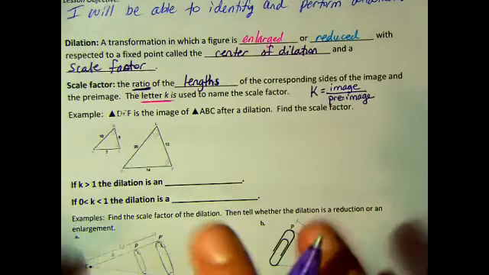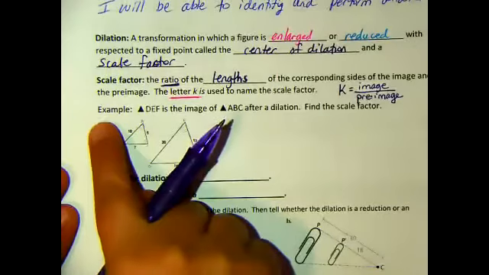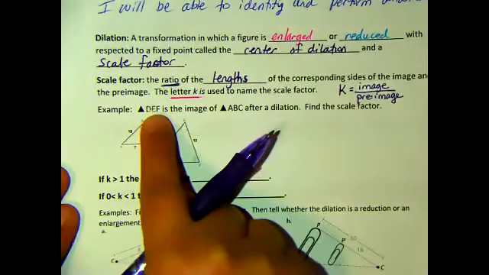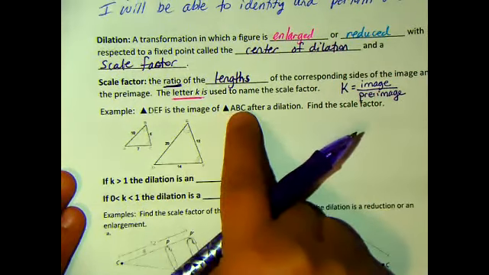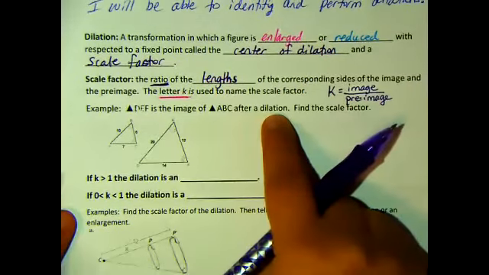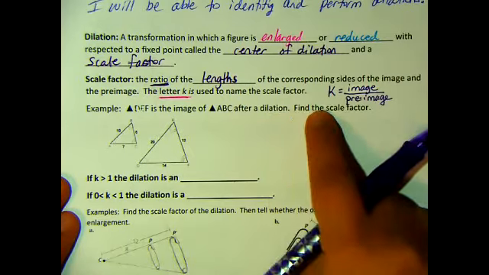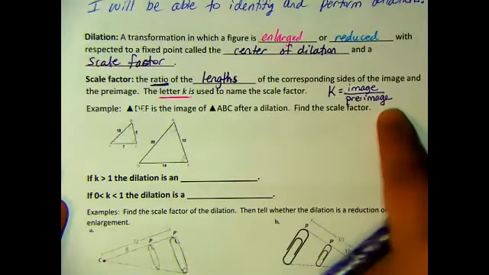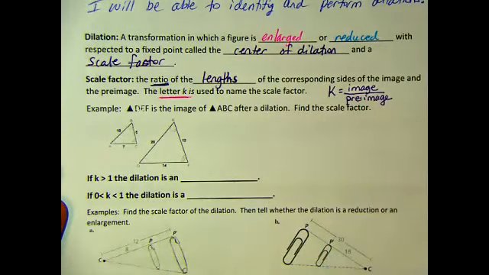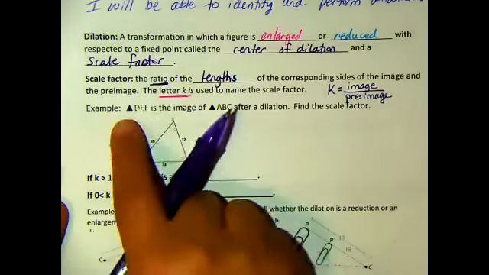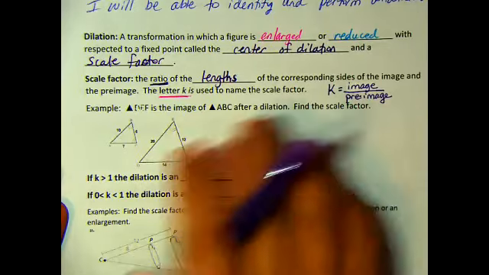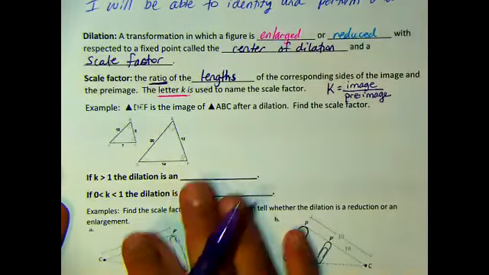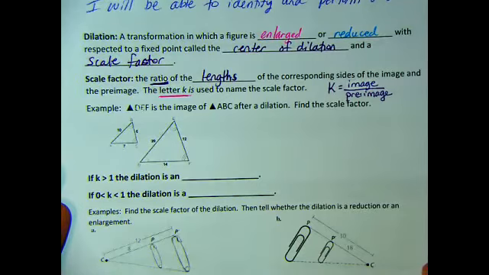So for example, we have triangle DEF. Triangle DEF is the image of triangle ABC after a dilation. We want to find the scale factor. So triangle DEF is the image of triangle ABC.